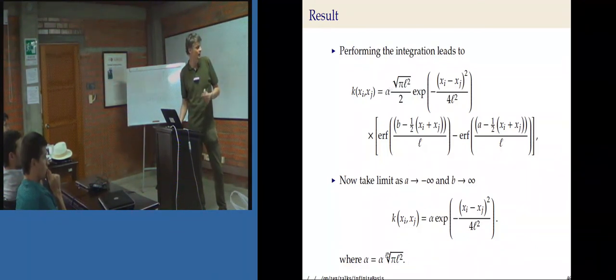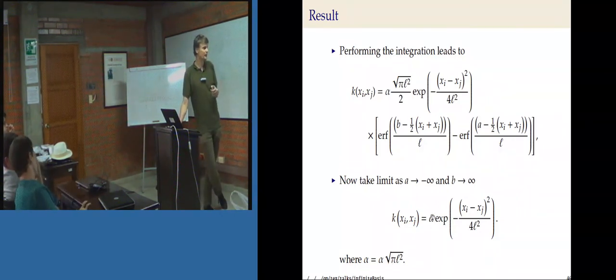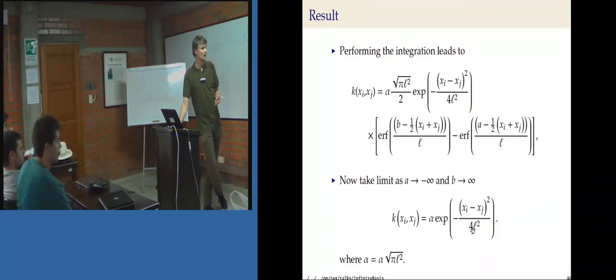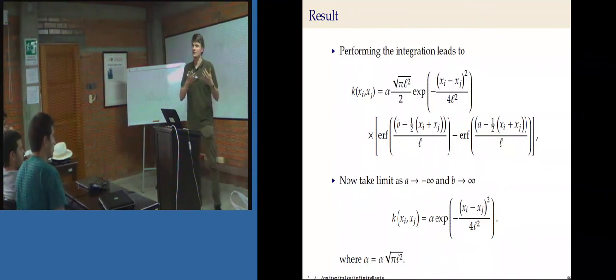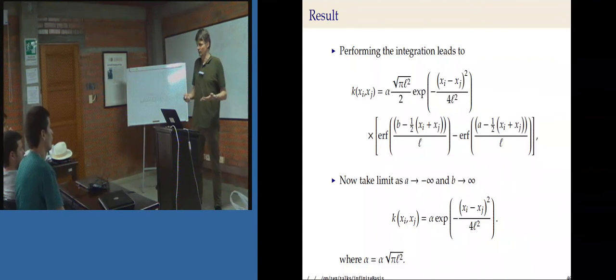If we substitute alpha prime times the square root of pi L squared for alpha, we recover this covariance function, which is the same as the exponentiated quadratic, only the length scale has a factor of square root of 2 in front of it. So this is showing that the exponentiated quadratic is a radial basis function model, but with infinite basis functions spread the entire way across the real line.